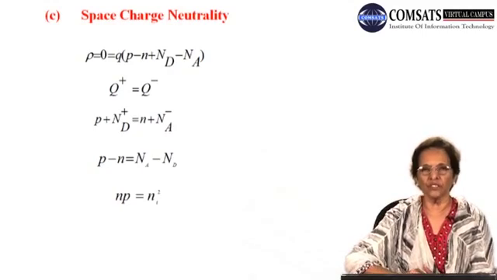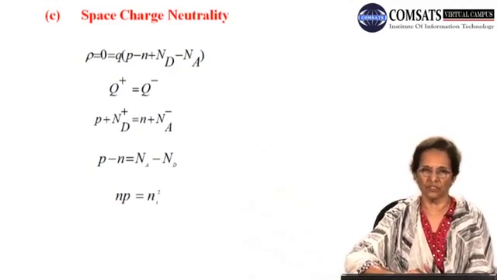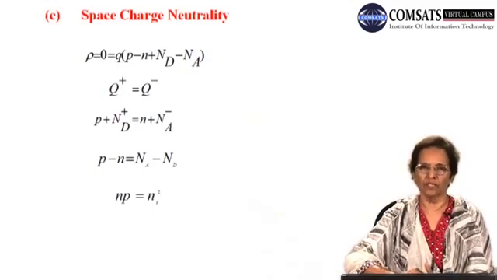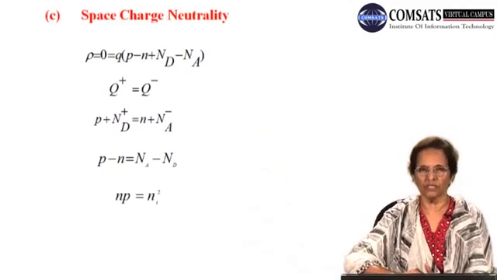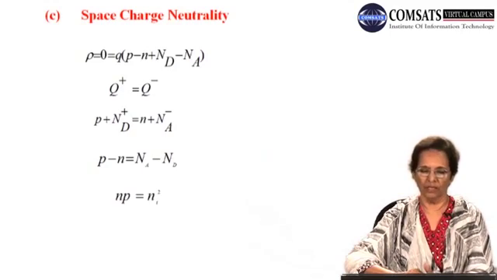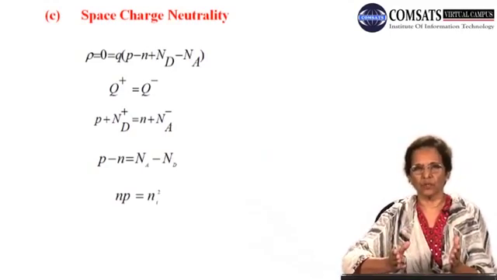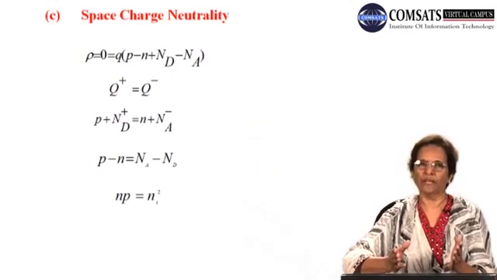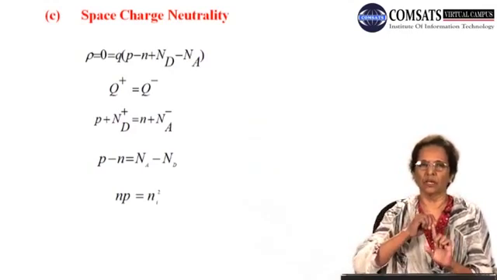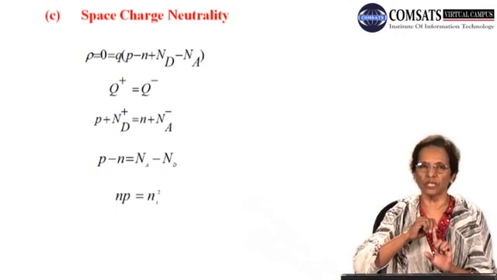The top equation says that the total charge density in a given n-type material is 0. The total charge density is also 0 in a p-type material as well. What does that mean? If the semiconductor material is n-type, it contains a large number of majority electrons.